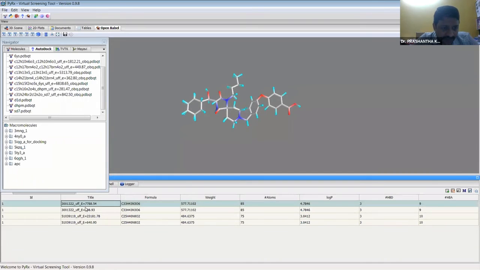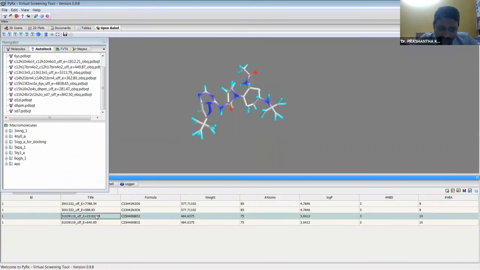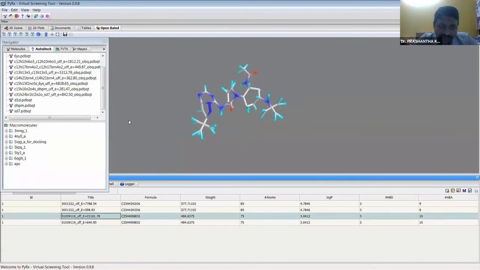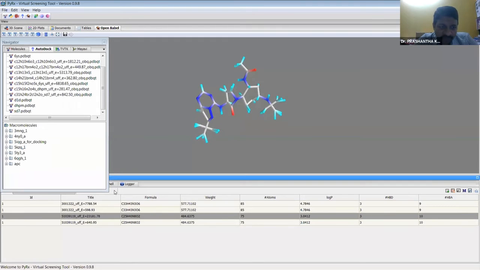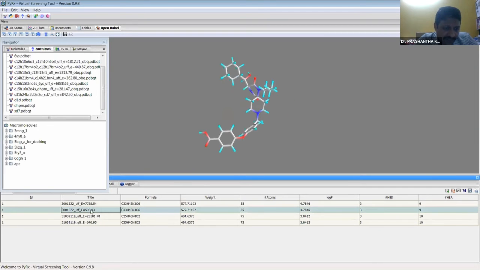Now, as I mentioned, the energy for the 2D, this was in the 2D, this is the 3D. So for a 3D structure, energy minimization is faster and also takes less energy. But the 2D to 3D conversion takes more energy. This requires 7,788 calories for the minimization, but the 3D is only 598.